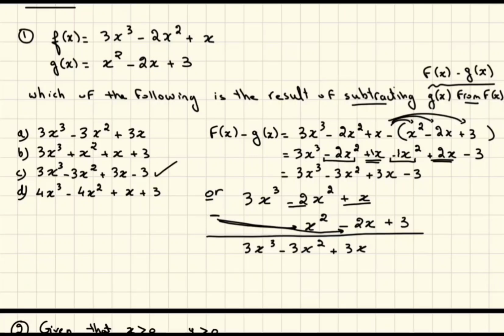And the last one here, we don't have anything above 3, so we need to write a 0 above it. So 0 minus 3, it will be negative 3, and we get exactly the same answer. I prefer the first way actually, because if you do it properly, you will get it correct. And the vertical way, if you forget to distribute the minus, you will get it wrong.